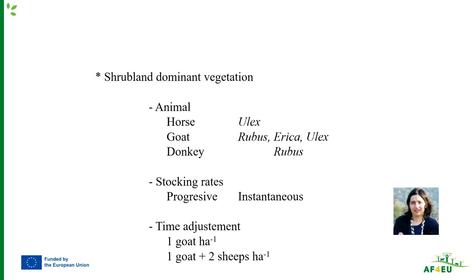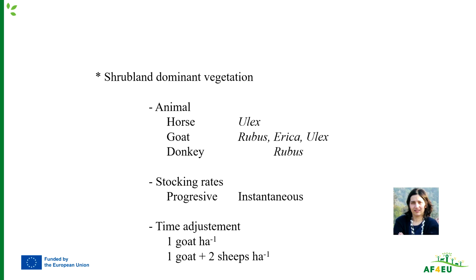It's also important to know that not all species have the same palatability, and that it changes with the plant species and the shrublands, but also with the type of animal. For example, Ulex is highly preferred by horses, which don't like Rubus or Erica. Goats can consume any kind of Rubus, Erica, Ulex, and donkeys have a preference for Rubus.